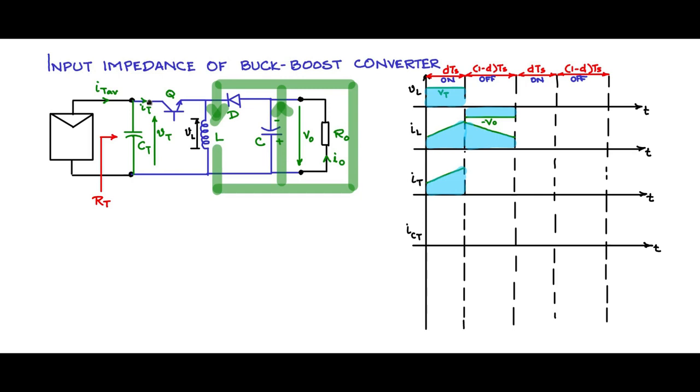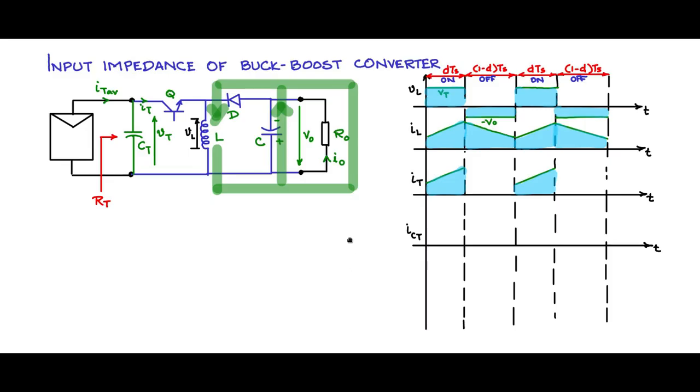IT will be 0 because Q is off, there is no IT current, so this will remain 0. Now for the next cycle also, the same thing will repeat. Let me quickly write that down. So that would be for VL, IL and IT.